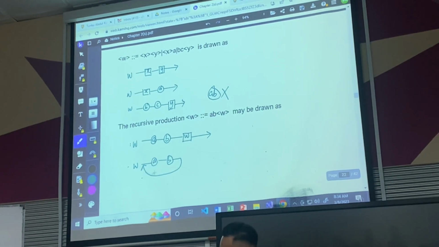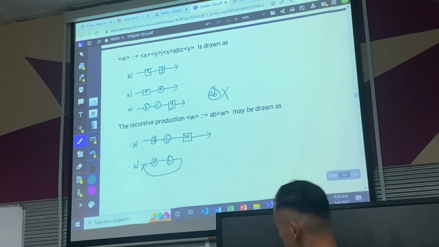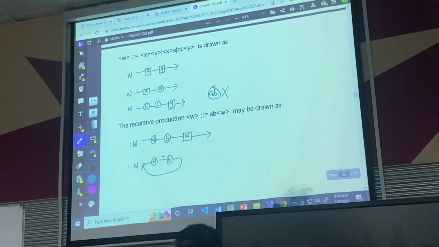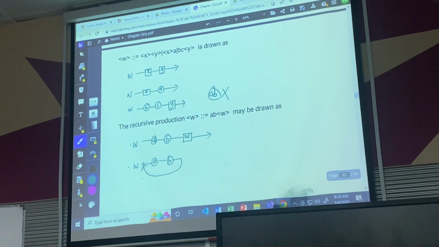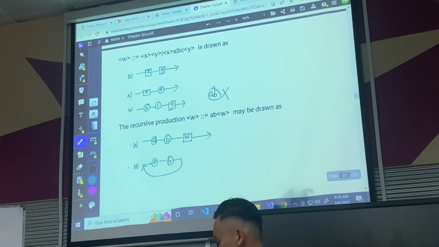In A, B, normally when we go back here, it means that we go back to the W already. Later on, when you see all the diagrams we draw, as long as it is a loop, you just go back to the starting point of your line. It means that it will start from the W already. So like this.